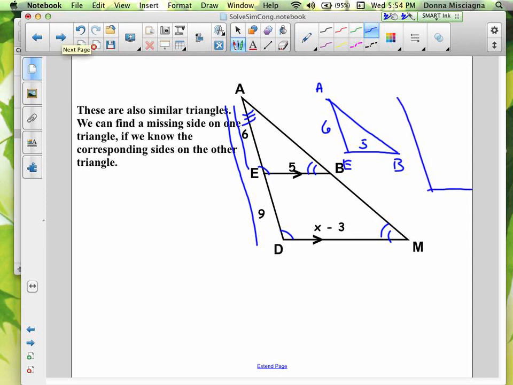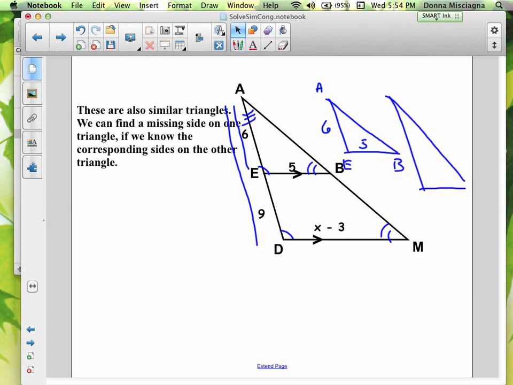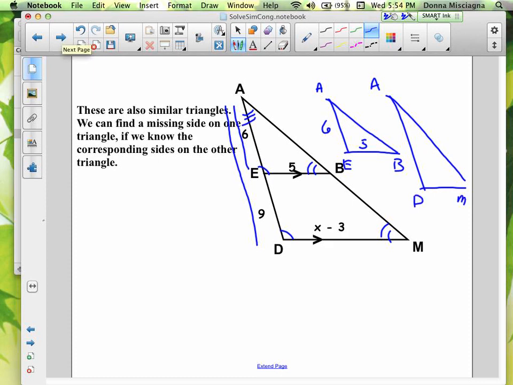Well, I'm going to run out of space, so it's going to come out terrible. But that's close enough. And we got most of the triangle in there. There we go. And the larger A, D, M. And AD is not 9, not 6, but 9 plus 6. Right? So this is 9 plus 6, which is 15. And then DM is x minus 3.